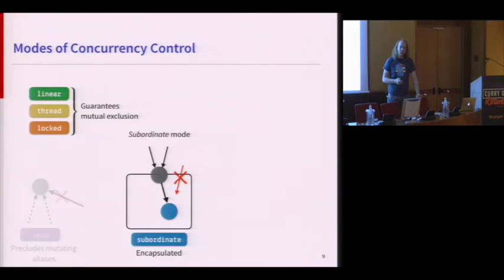So the subordinate mode points to an object that relies on being encapsulated in some aggregate. So if the dominating capability is linear, we know that we cannot access this from outside because we would have to go through the dominating capability in order to get there. So if you're thinking about ownership types, think of this as rep or owner, sort of.